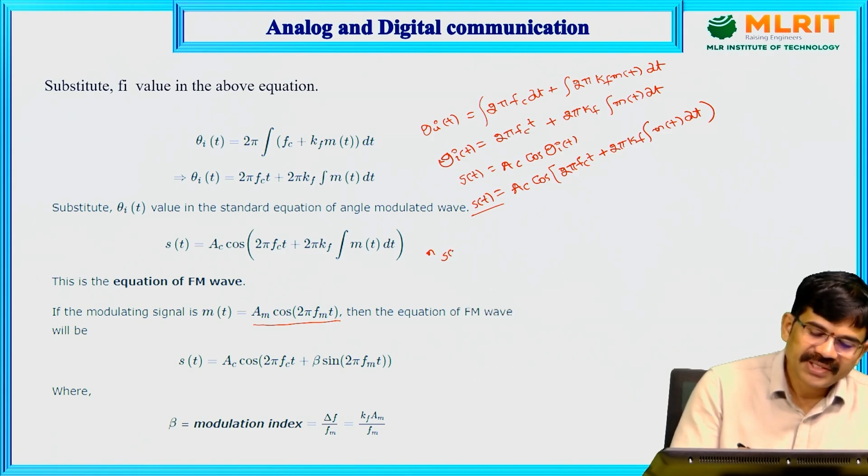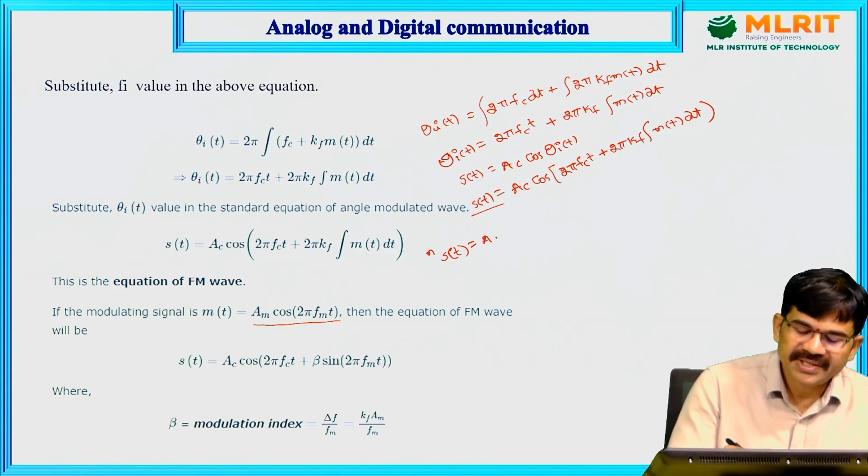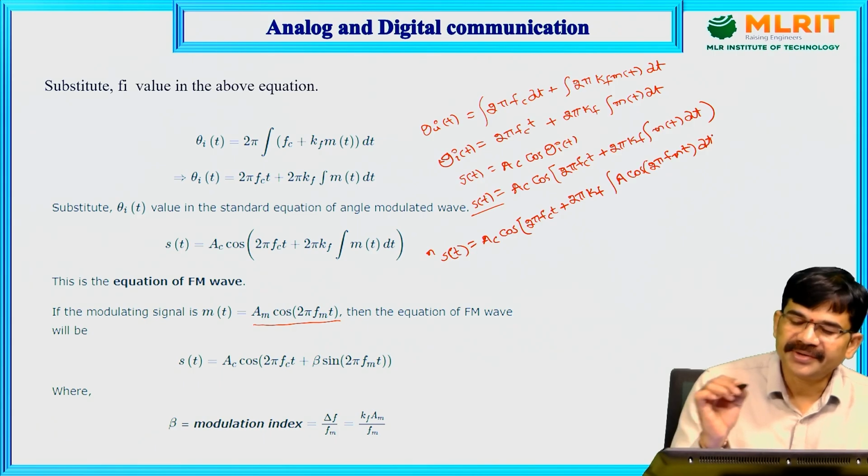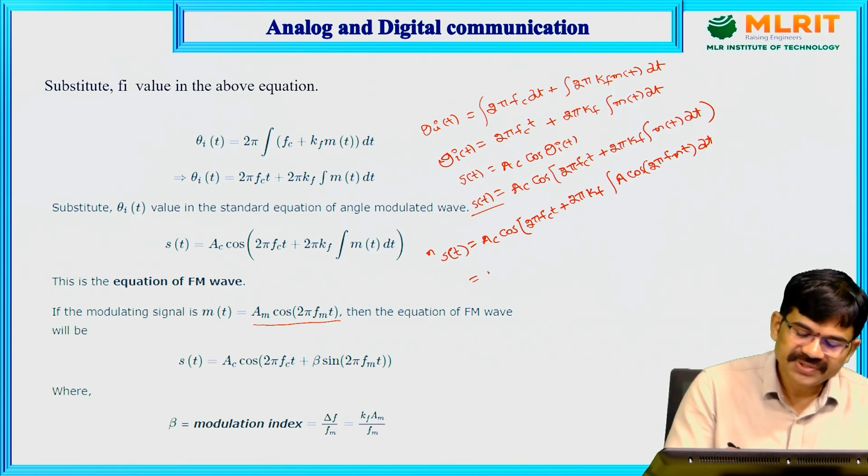So the equation can be modified: Ac cos of 2 pi fc t plus 2 pi kf integral of Am cos 2 pi fm t dt.